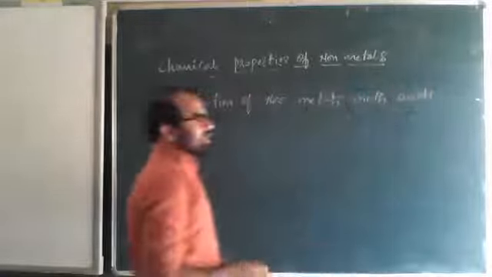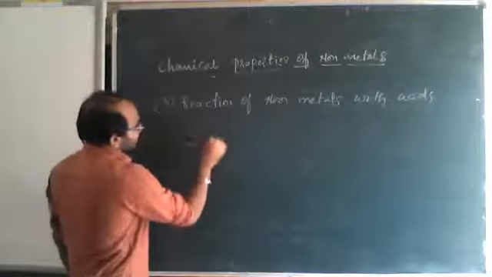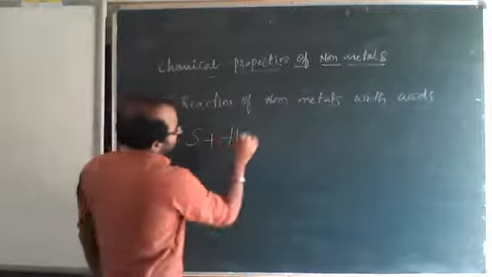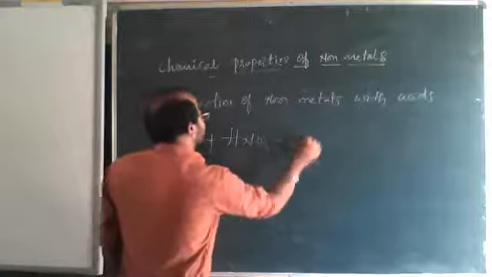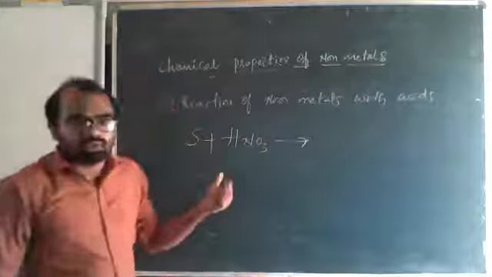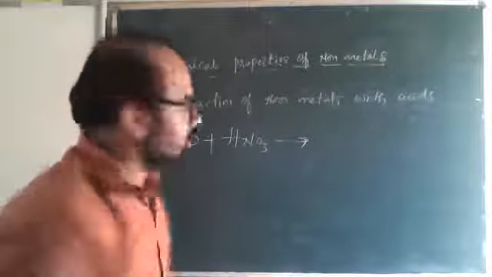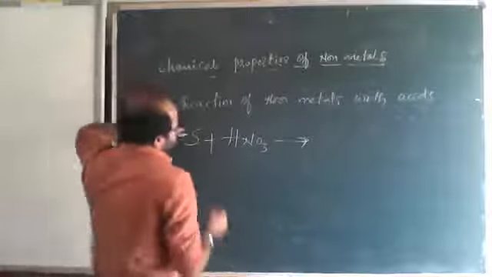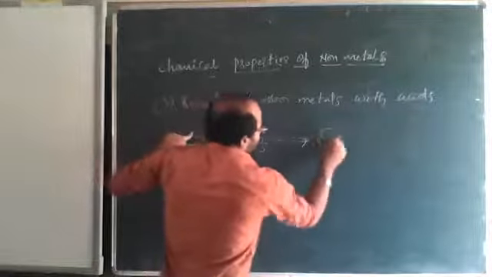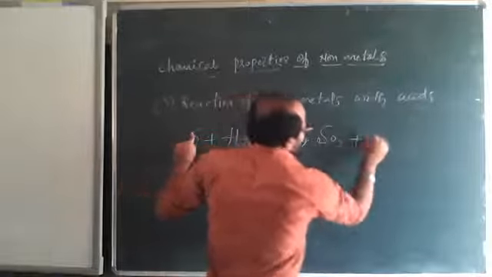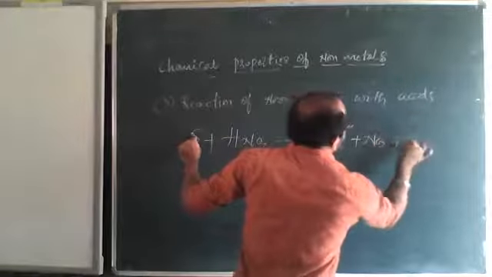Suppose I take S, S plus HNO3. HNO3, you know, is nitric acid. So what will it become? SO2 it will become, NO2 it will become, and along with that water is released.